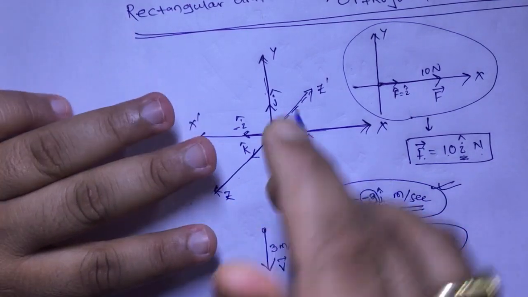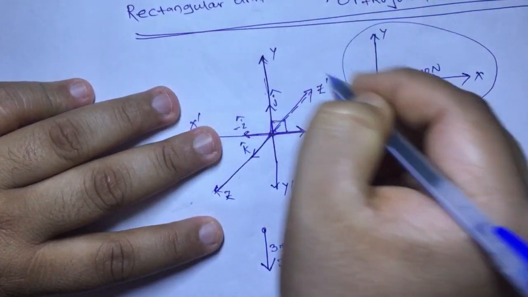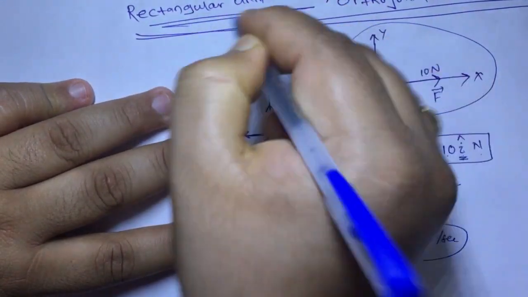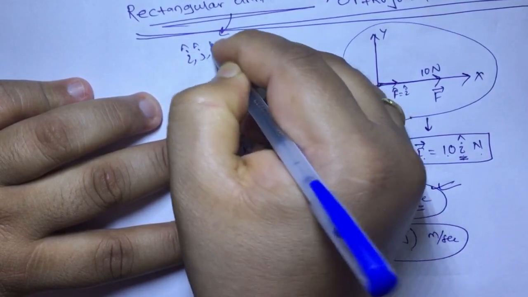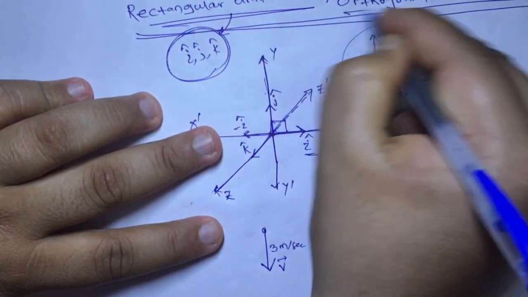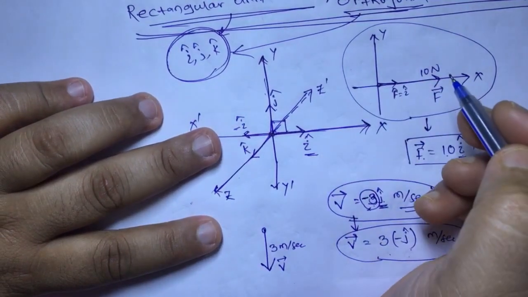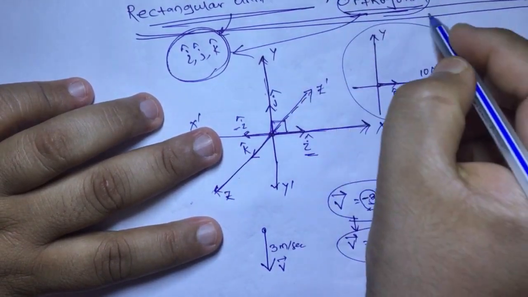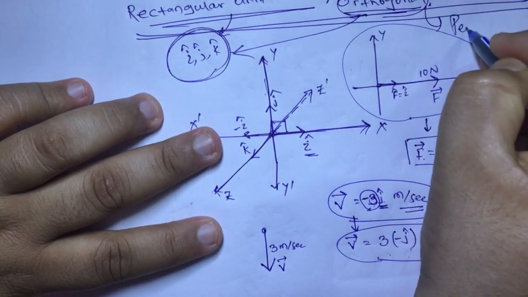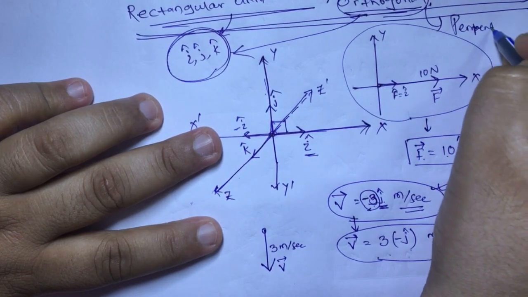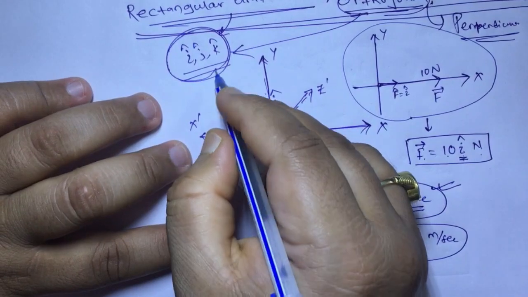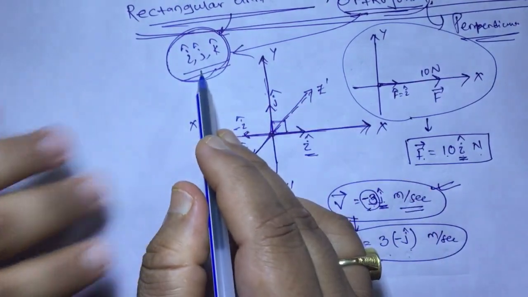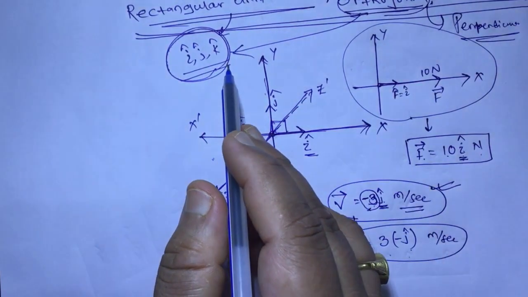There are three vectors. Another thing: why are they known as rectangular unit vectors? What is a rectangular unit vector? These three, i cap, j cap and k cap, are known as rectangular unit vectors or orthogonal unit vectors. Orthogonal means perpendicular, remember. Since these three are perpendicular to each other, that is why they are known as orthogonal unit vectors.